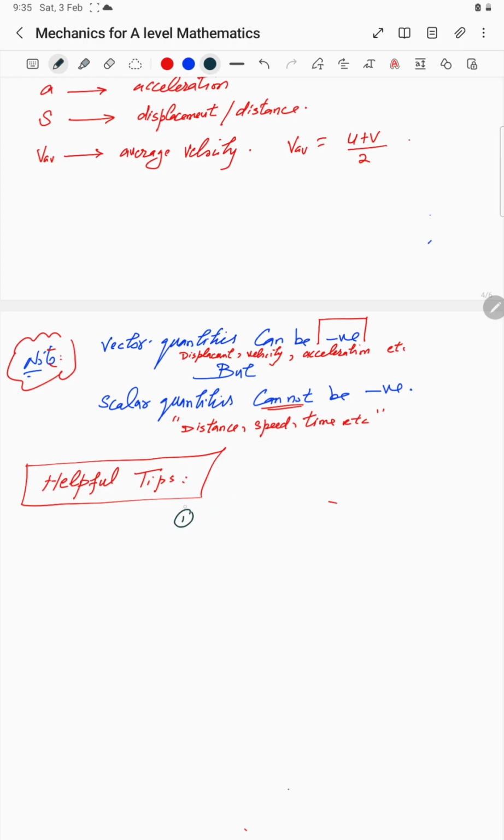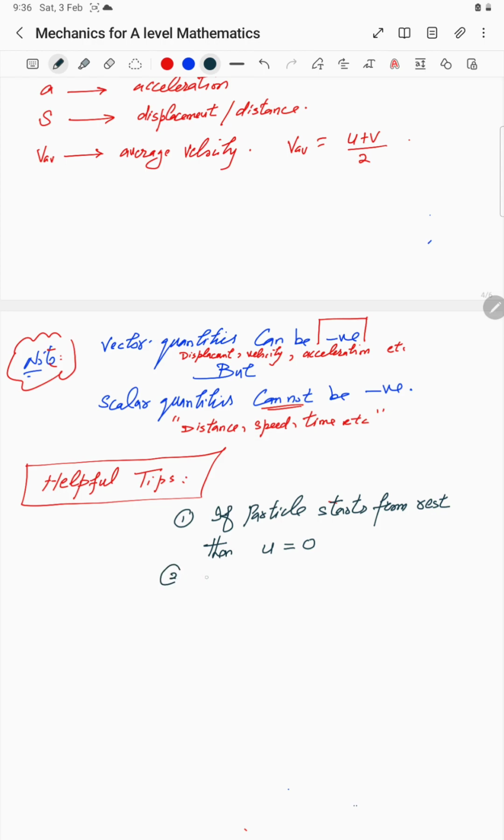Number one, if a particle starts from rest, then its initial speed or velocity will always be considered as zero.